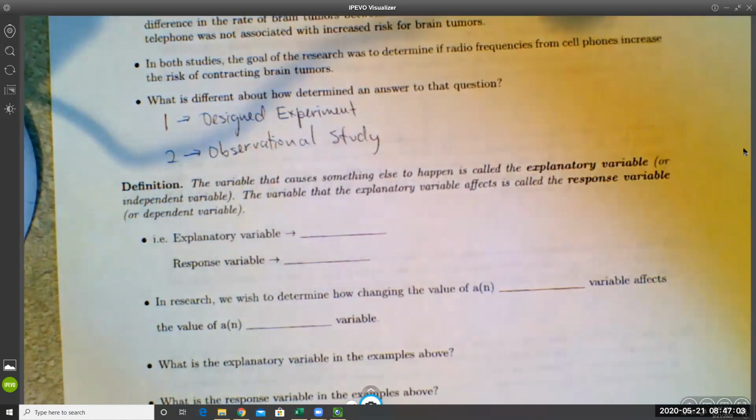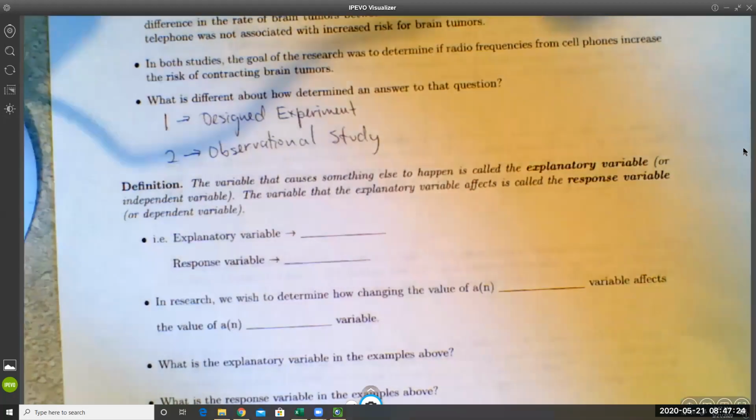this concept will be useful for us later on in the semester as well, not just for determining if something is a designed experiment. Basically the explanatory variable is what causes something to happen, and the response variable is what happens as a result of manipulating the explanatory variable.